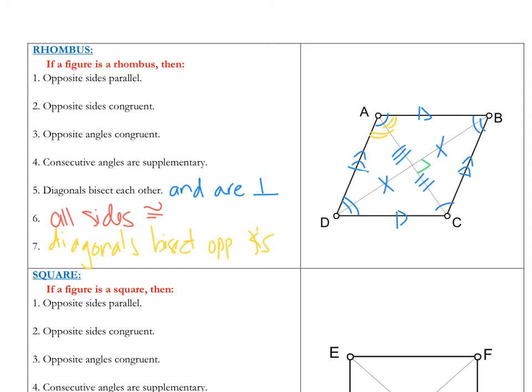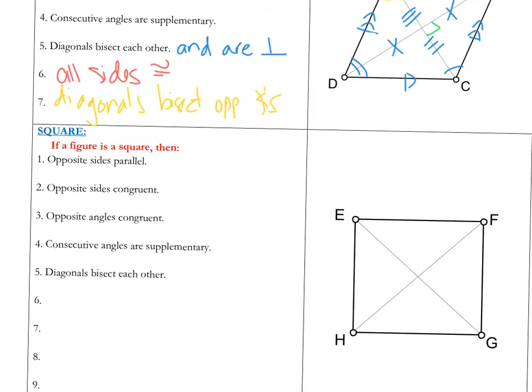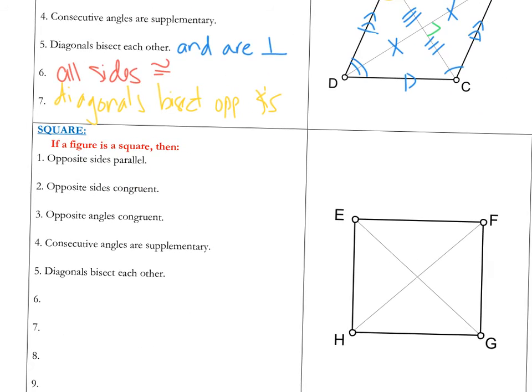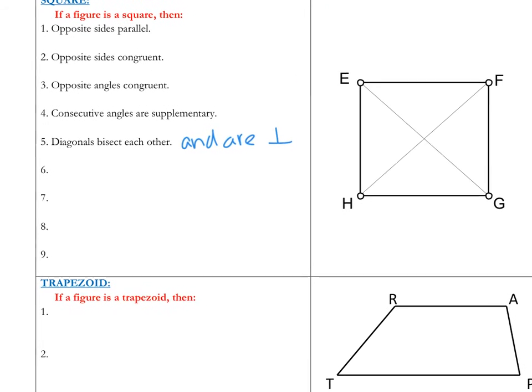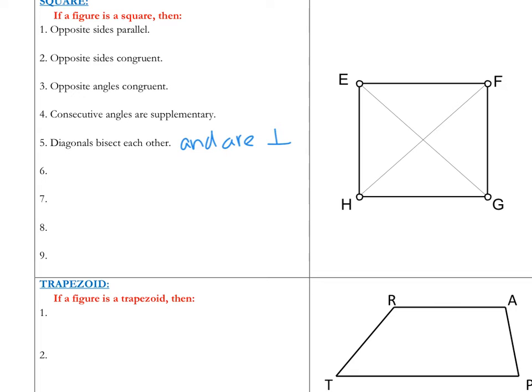Let's talk about a square now. A square has everything the same, and we're going to add on that the diagonals are also perpendicular, just like a rhombus. Hopefully we actually know some of these qualities about a square.